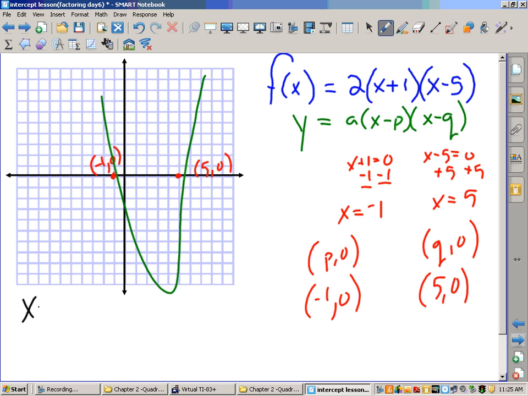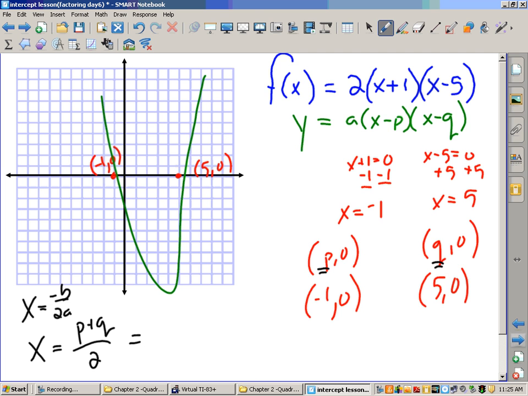I know we found the vertex this way in standard form, but in vertex form, we take the p-value and the q-value and we average them together. The common mistake that happens here is we forget to add them; we actually subtract them.